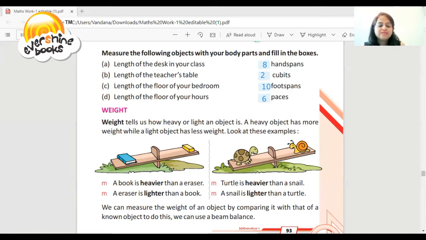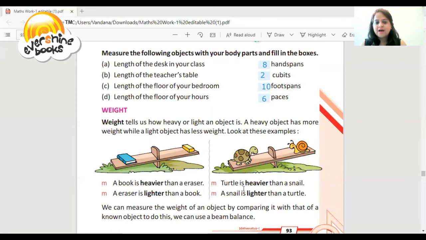Students, this is your book and this is your eraser. By holding the book and the eraser, we can find that the book is heavier than the eraser. So, a book is heavier than an eraser, or we can say an eraser is lighter than a book.